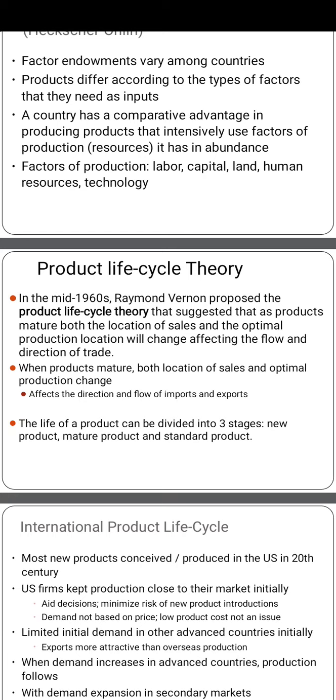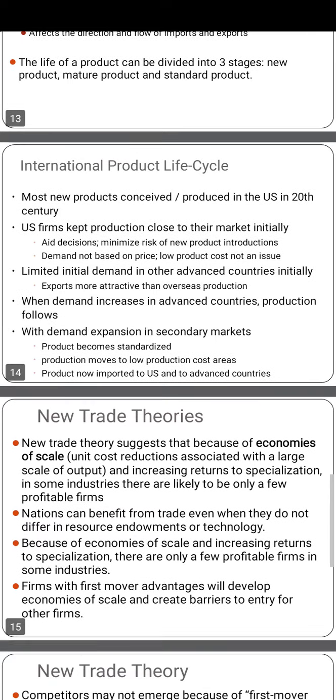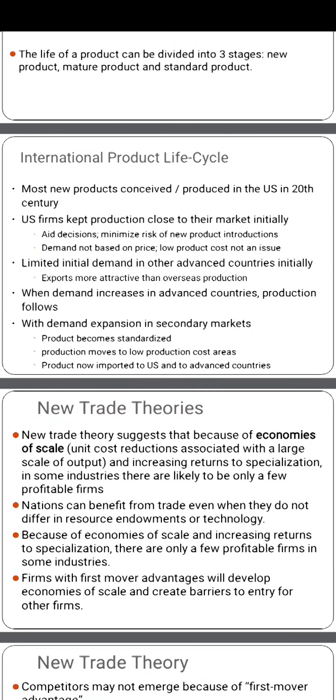The life of a product can be divided into three stages: new product, mature product, and standard product. In the international product life cycle, most new products were produced in the US in the 20th century.